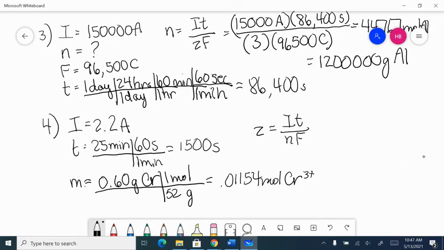So now let's plug in what we know. I is 2.2 amps, times 1,500 seconds.